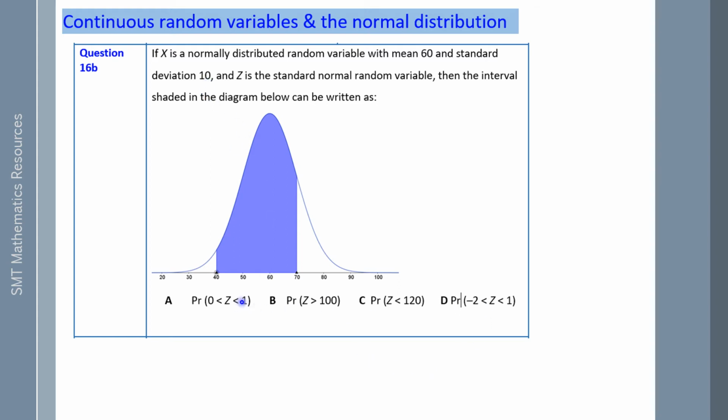Here you can see some of these Z scores are 1. So I'm going to work out the Z score for 70. 70 take 60 over 10 is simply 1. The other Z score would be 40 take 60 over 10, which is negative 2. So if I transform this into a standard normal random variable, the Z scores would be 1 and negative 2, which is D.